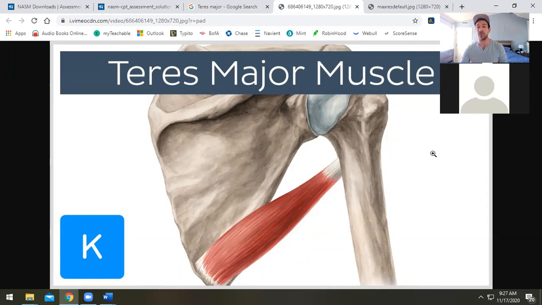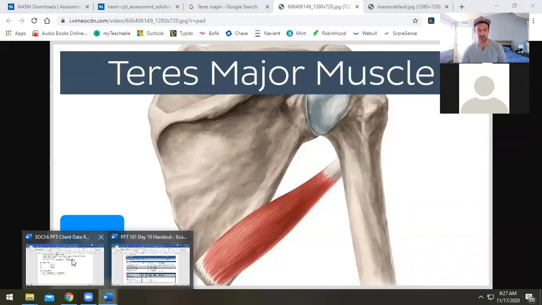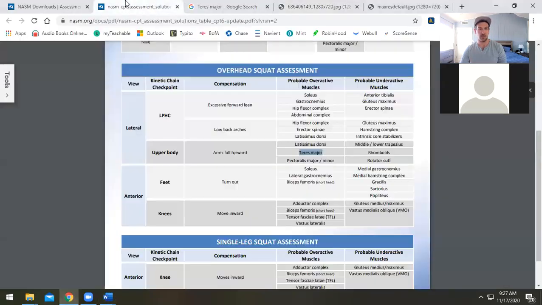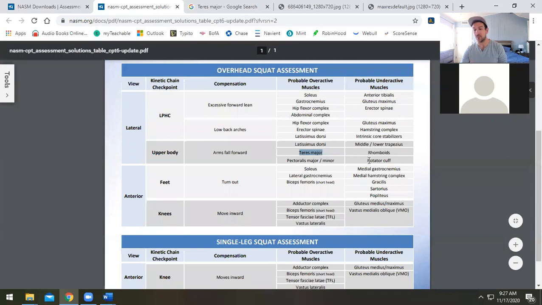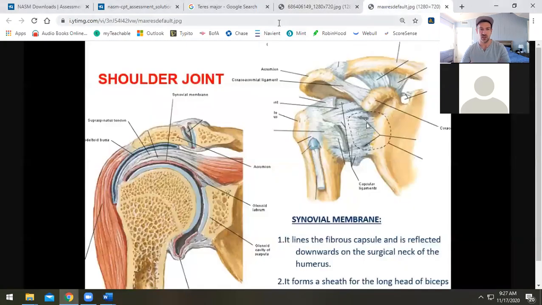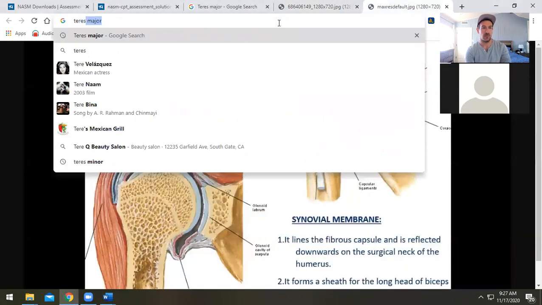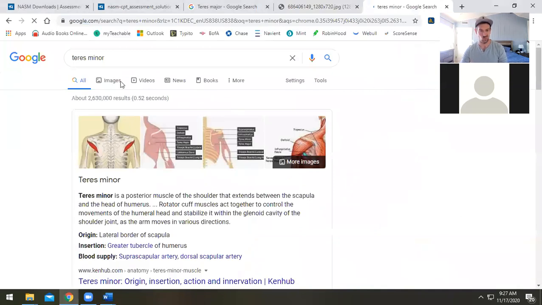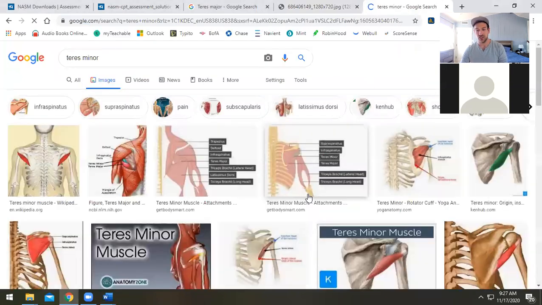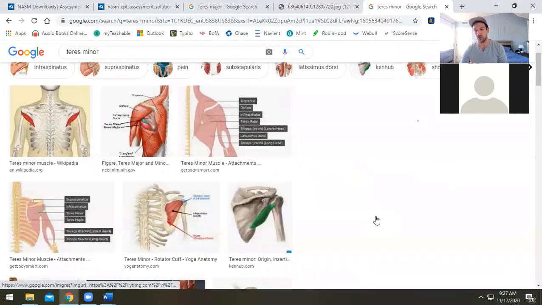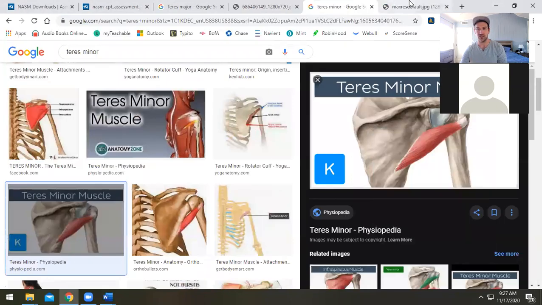And the opposite of that, and you'll see this in our underactive list, is going to be your teres minor, which is part of your rotator cuff. And I'll just pull up a picture of that before we move on here. So teres minor, a rotator cuff muscle, you'll notice it is in the back, right?